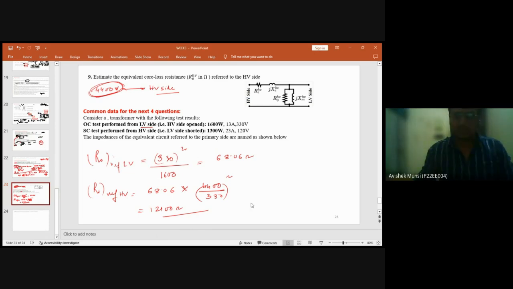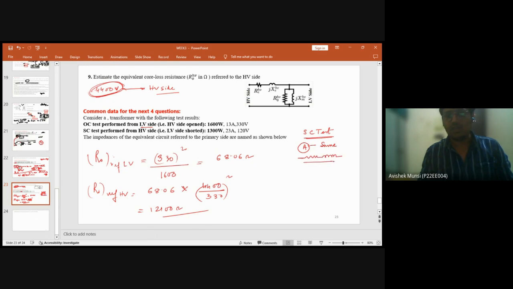Because in the short circuit test, while performing it, the ammeter reading remains fixed or the same. Why? Because we are calculating the series parameters, and in series, the current is the same. For that reason, we consider I square R. This one is the power.